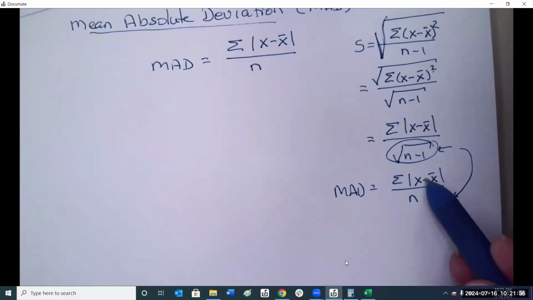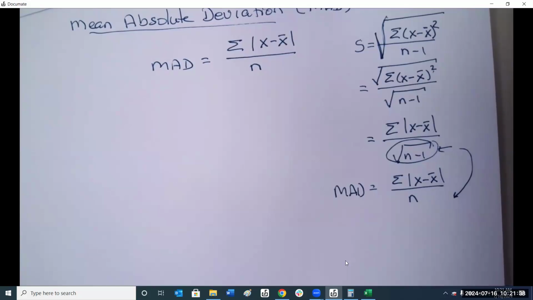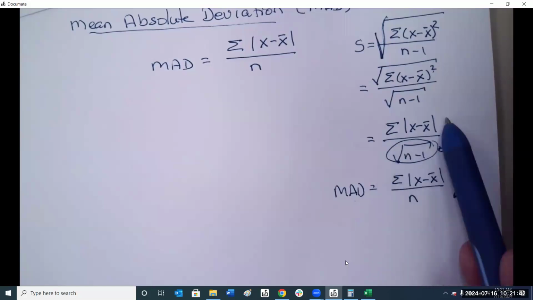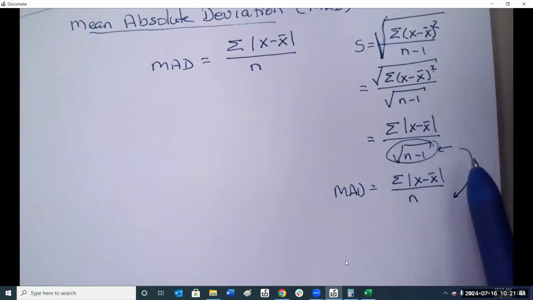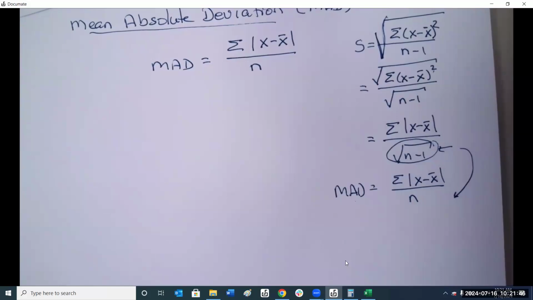It's the average because we divide by how many we have. It's absolute because we defined the square root of something squared as the absolute value. And it's a deviation because we have an x minus x bar. You can impress your friends at the next party with this.